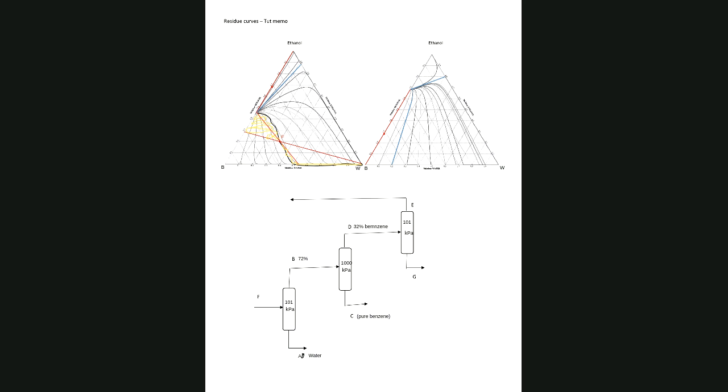And G is pure ethanol, because the arrows of the residue curves are going towards the ethanol, and E is the azeotrope, benzene and ethanol.